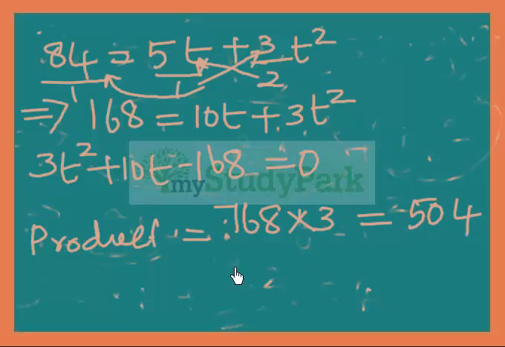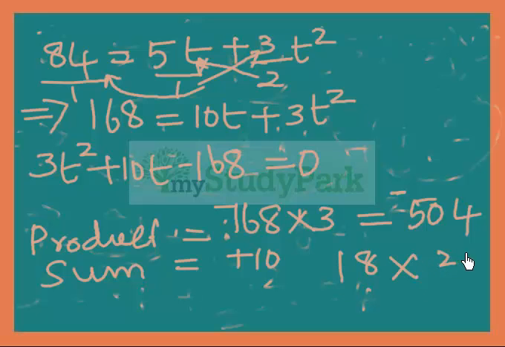You get minus 504. And sum equals plus 10. Which are the two numbers that satisfies this condition? You can safely say that it is 18 into 28, which are these two numbers that satisfies this condition.